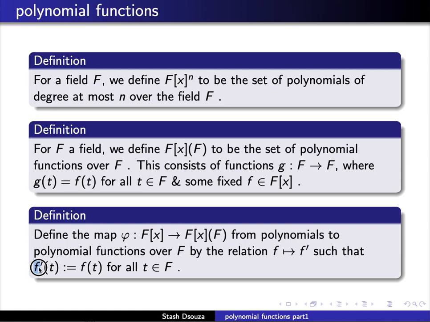In other words, any given polynomial mapped by phi, over an argument t, is defined to be equal to that same polynomial over the field F evaluated at t. So on the left we have a polynomial function that takes in an argument, and on the right we've got a polynomial expression, and that has formal evaluation.